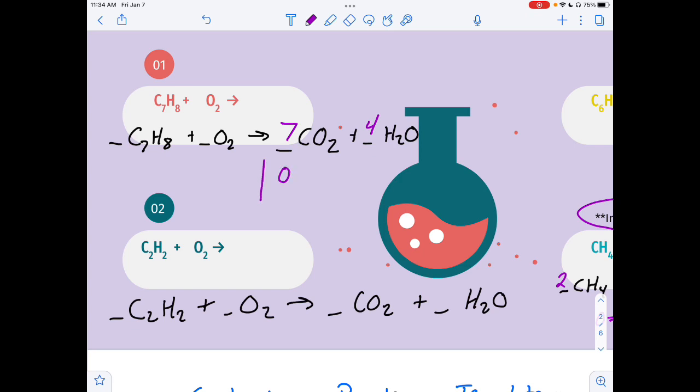So I'm going to count them up on the product side first, and I have to remember that there are 14 from the first compound plus an additional 4 from the second, so that's a total of 18 oxygens. On this side, if I have a coefficient of 9, 9 times 2 gives me 18 oxygens. Now everything is balanced. All right.